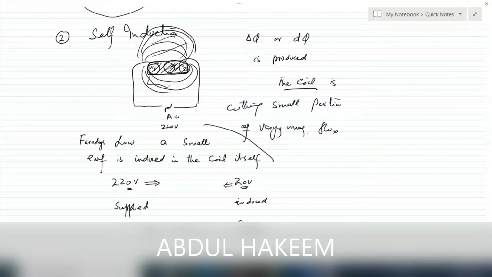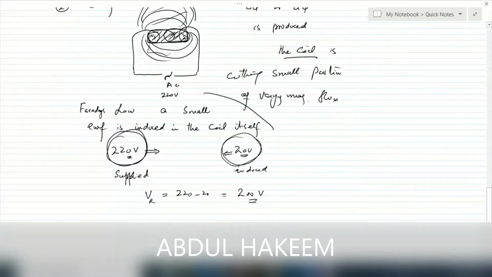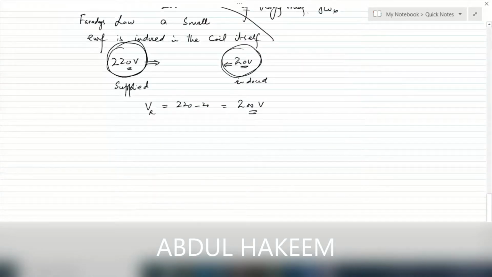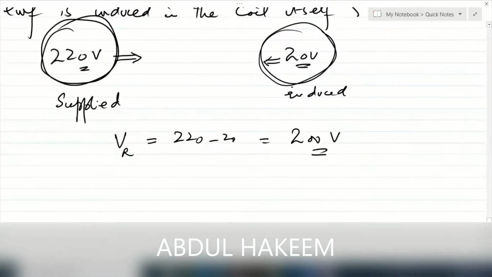According to Lenz's law, that is totally opposite to the source. So for example, this 220 volt voltage is the supplied source, and the small induced EMF is 20. Both are opposite, so the resultant is 200. So this is the self-induction. Self-induction of the coil reduces the resultant voltage.